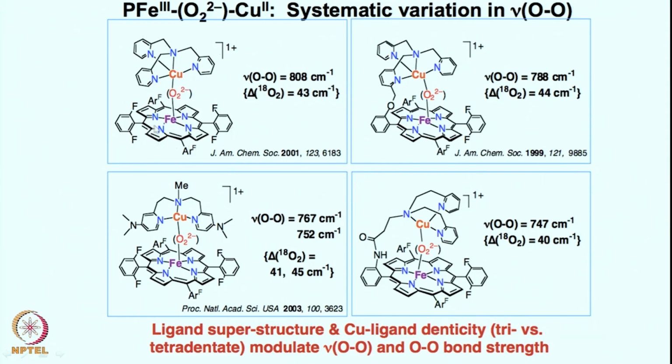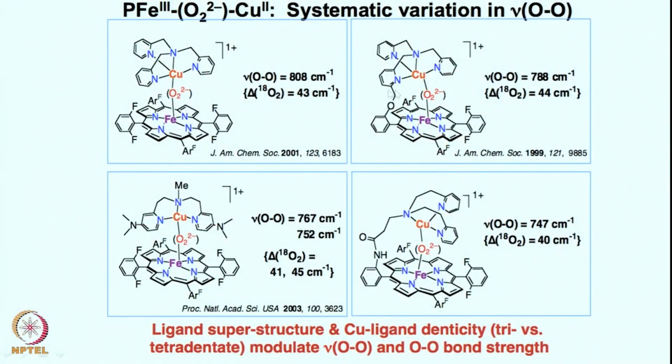You have seen the crystal structure, how this is side on on iron and eta 1 on copper. And in case of the tethered one also, as you see, these values are almost the same, right. This further emphasizes that these are exactly the same compound.